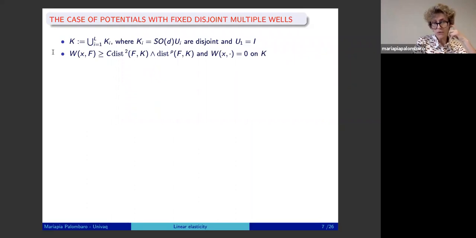Now, as I already pointed out, the issue here, when there is more than one well, is the compactness.